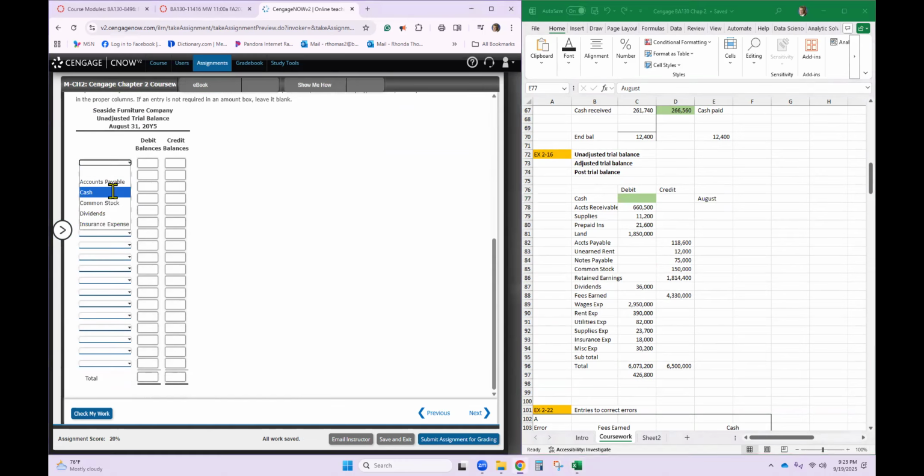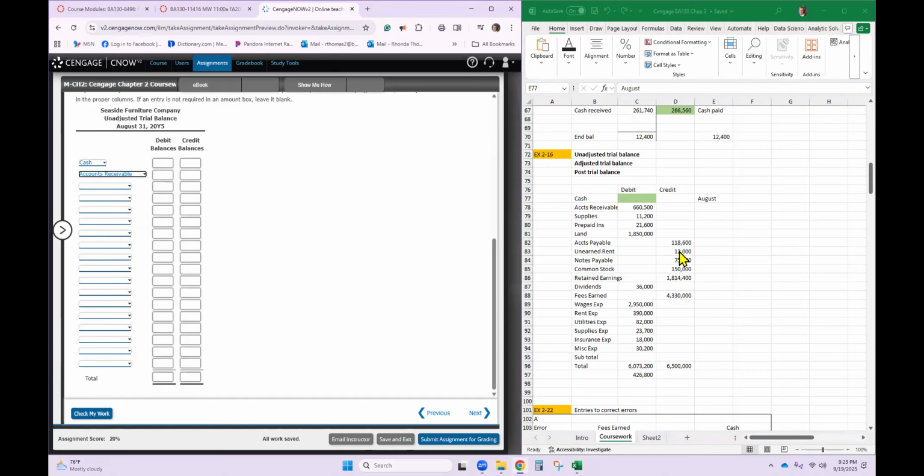We're going to start with cash. The next asset is usually accounts receivable. You say, how do you know? It's practice and what you get used to knowing. This is called liquidity order. Cash is already liquid. Accounts receivable should be to us within 15 or 30 days, depending on our credit terms.